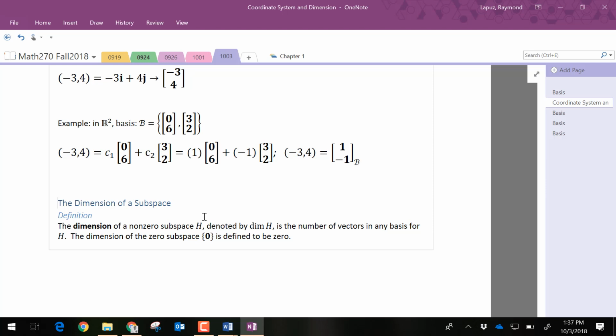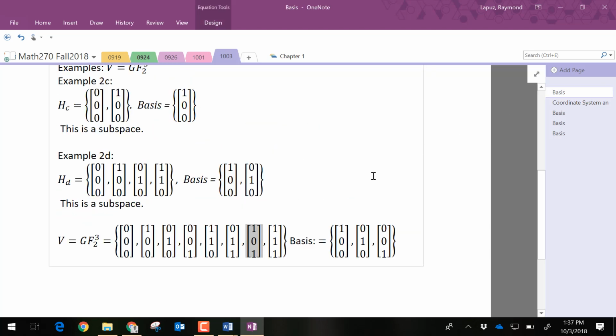So 0, remember 0 is a vector subspace for everything. We can say that subspace is a zero-dimensional space, which makes sense because it's nothing. When we're talking about the 0 vector, that doesn't span anything, and remember our basis for that is the null set.